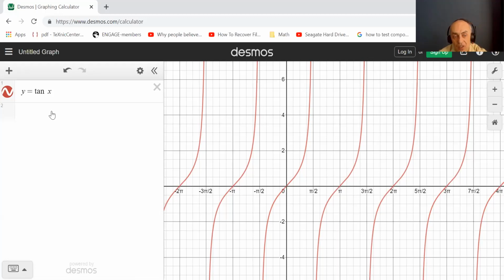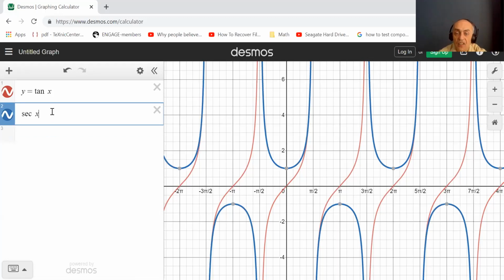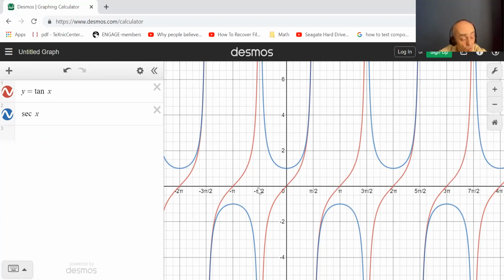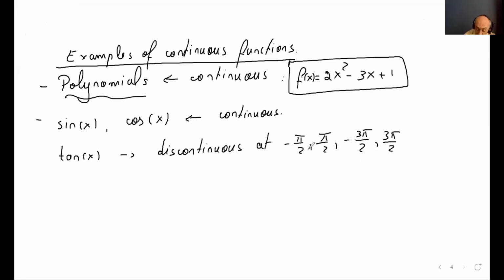All right, similar functions that are discontinuous at some points are this one, secant x, the exact same situation. So it's discontinuous at pi over 2 and negative pi over 2, cosecant, cotangent, and so on. So these are functions that are not continuous everywhere. They have intervals of discontinuity. Let me share with you the other board, and let's say here, but tangent is continuous elsewhere.